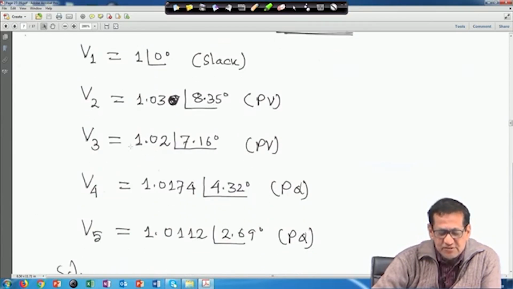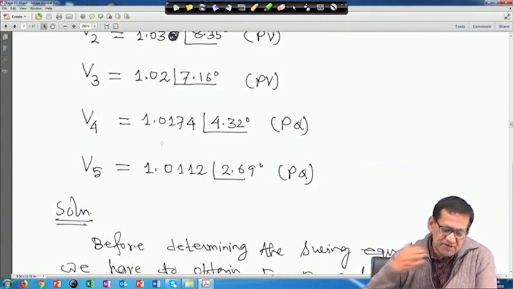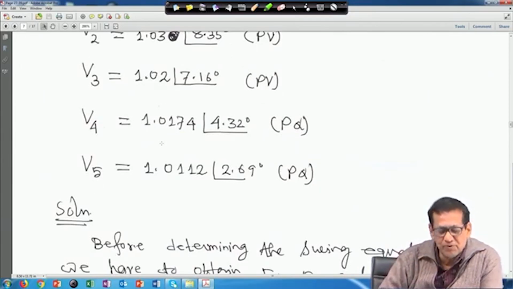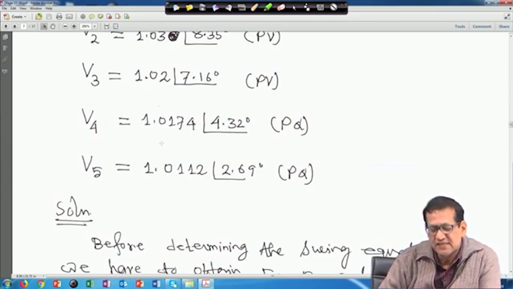Similarly, bus 3 also is a PV bus, so it is 1.02 angle 7.17 degrees per unit. V4 is 1.0174 angle 4.32, 4 and 5 are PQ buses, and V5 is 1.0112 angle 2.69 degrees. These are the load flow solutions.